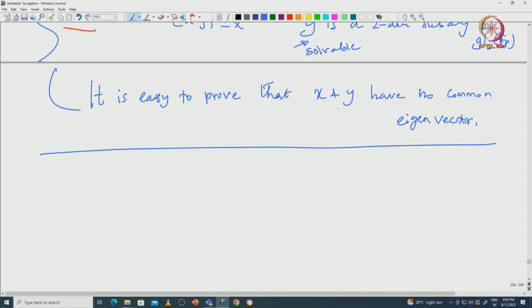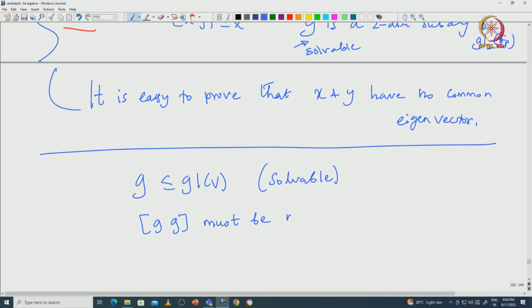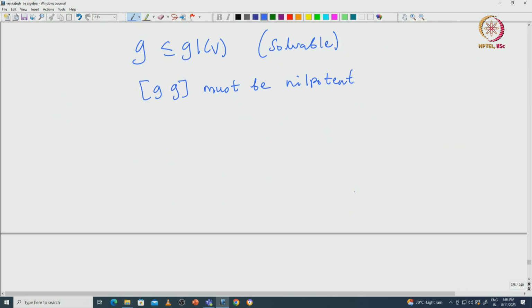So, that indeed proves that if you take g, a solvable linear Lie algebra, then the derived algebra must be nilpotent. This is a very interesting consequence of Engel's theorem, and it somewhat characterizes all solvable Lie algebras.